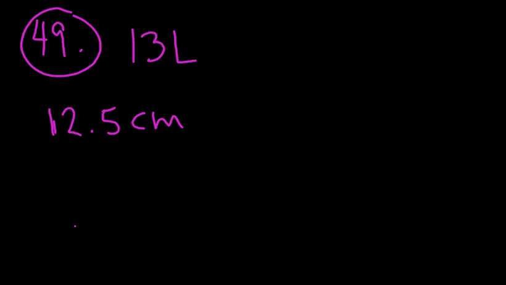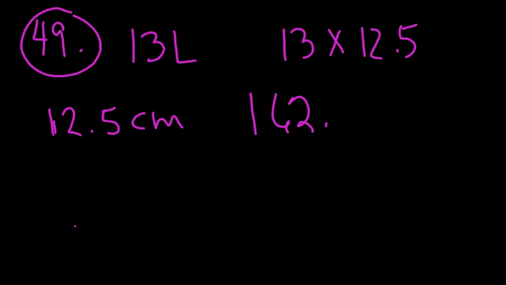To work that, I'm going to put 12.5 in for the length. So 13 times 12.5. Get out your calculator, multiply, you'll find out that's 162.5. That's a beautiful answer.